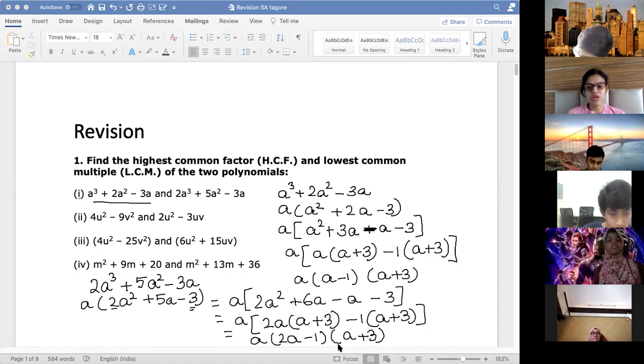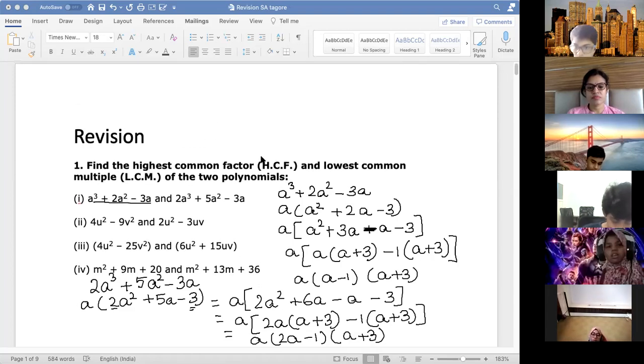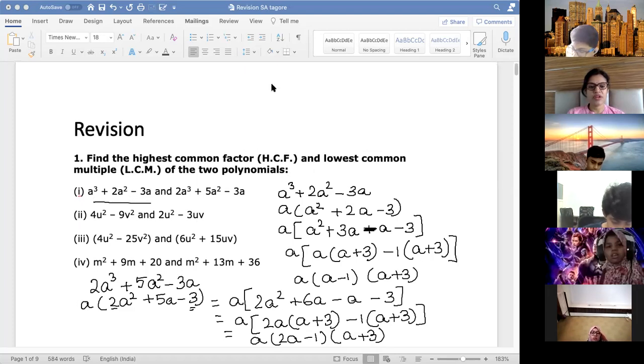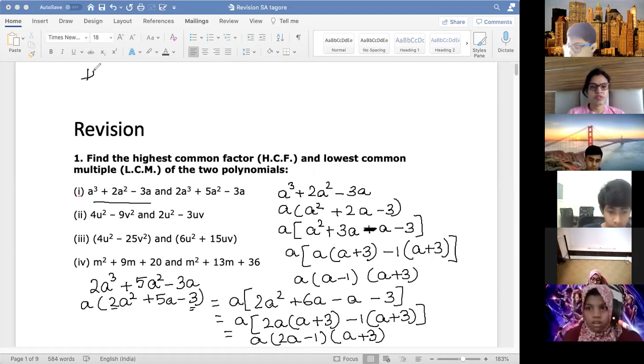Okay. Now what will be the HCF? Now first step is done, we have factorized. Now tell me what will be the HCF? I write on the top. HCF and LCM.